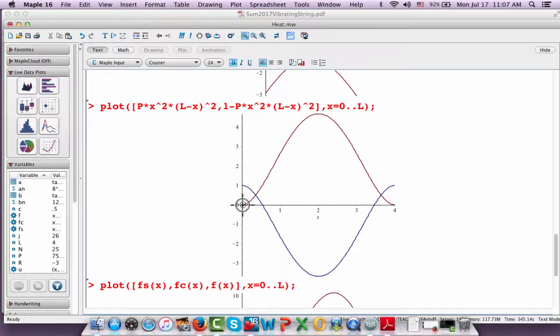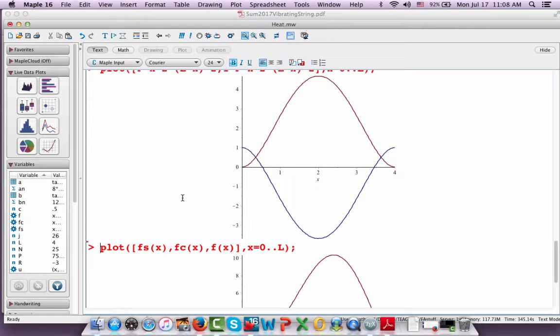The red graph is what I multiplied to get fs, the blue is what I multiplied by f to get fc. And the point is these two functions add up to 1. If you look at the heights of the graphs at any x value, they add up to 1. Here at the endpoint, the blue graph is height 1, the red graph is height 0, so you add those together, you get 1. But that's true everywhere.